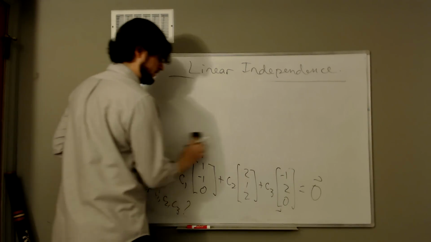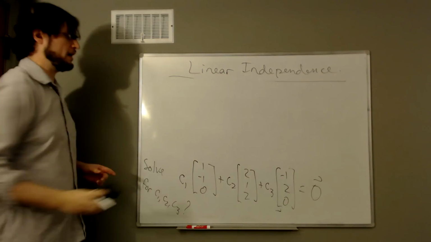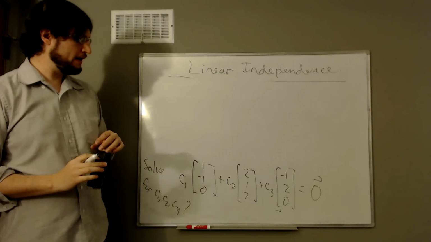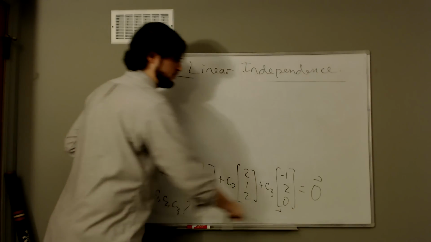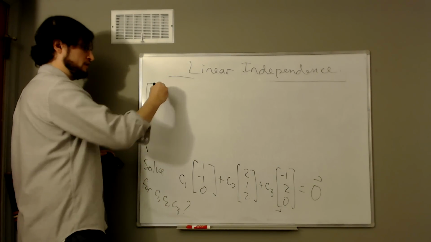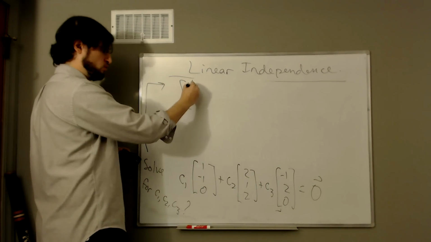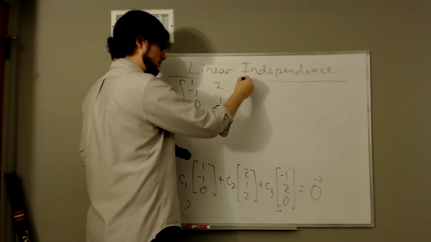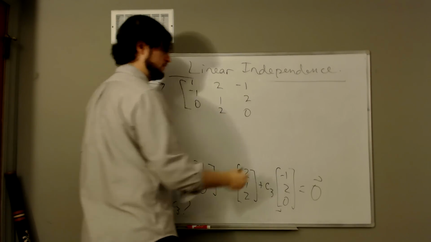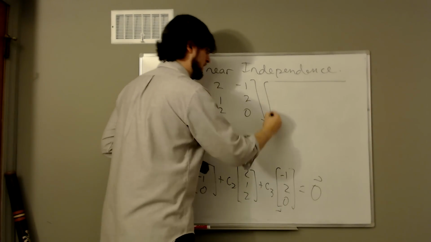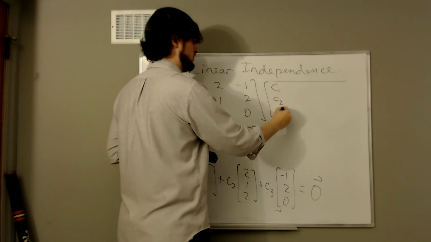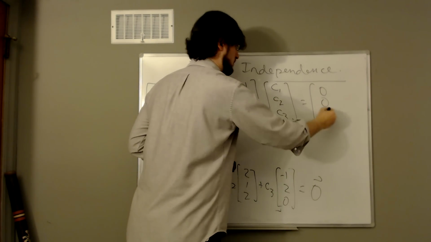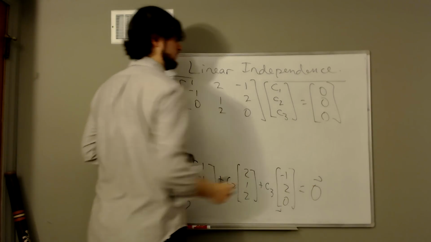But notice that if we think about vectors and matrix multiplication by vectors, I can rewrite this equation as the matrix 1, -1, 0, 2, 1, 2, -1, 2, 0, multiplied by the vector C1, C2, C3 equals the vector 0, 0, 0, the 0 vector.